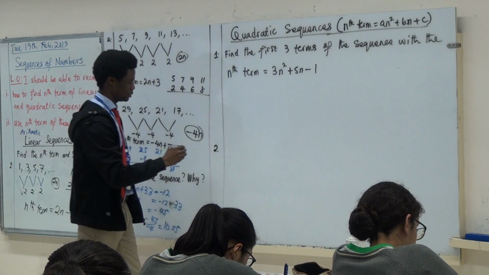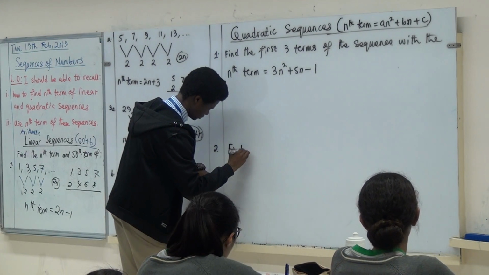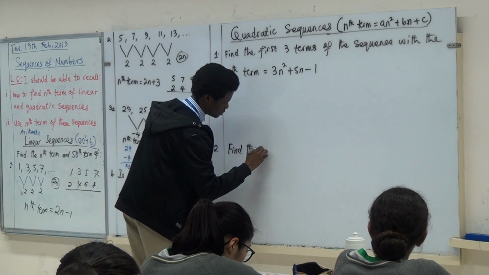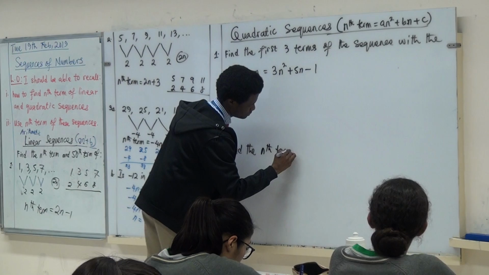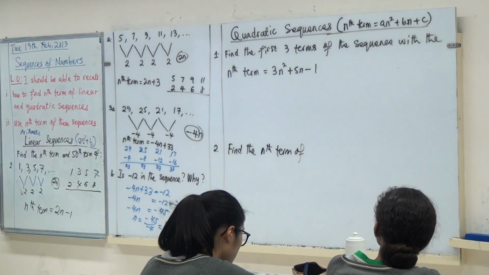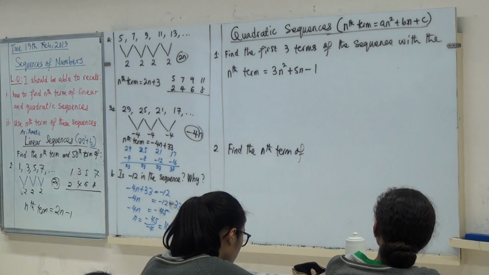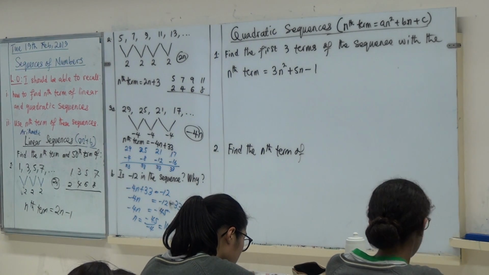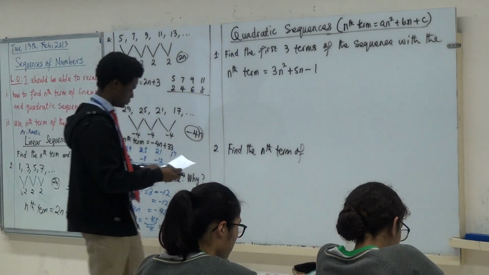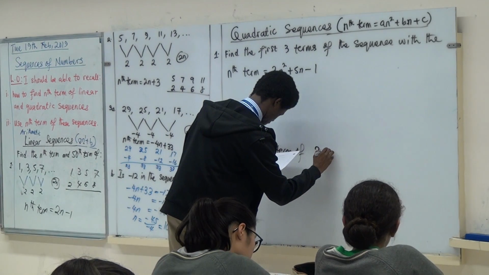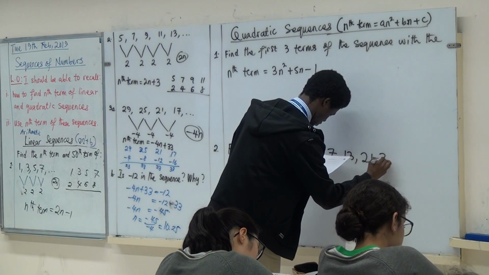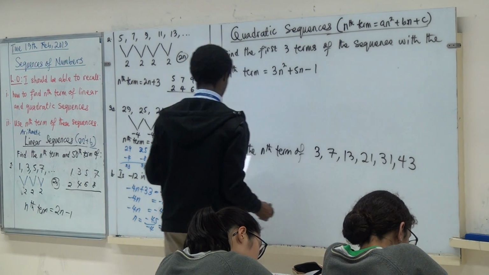Then the second question will be, of course, the class we end in about 2 minutes. Find the n term of the sequence. Pick some random sequence. Can the position be 0?